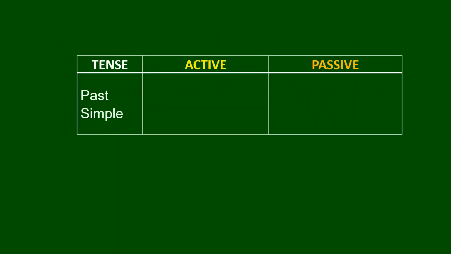Next, how to write a passive voice in the past simple tense. Let's look at the example. I did my homework yesterday. So when I write a passive form of this sentence, I will write "my homework" first. Then I add "be" into the passive sentence. So "be" in the past simple is "was" for singular and "were" for plural.